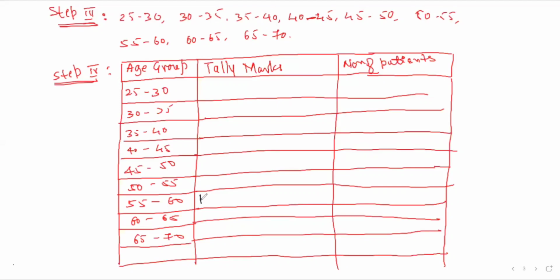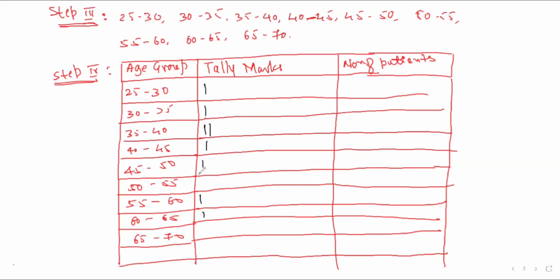Then the next observation is 60. Again lower limit. Next observation is 47. So 47 lies between these two. Next observation is 37. Next is 33, 38. Next is 40. Prefer always lower limits.